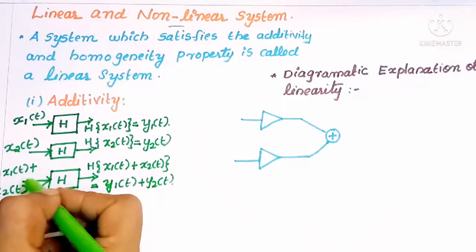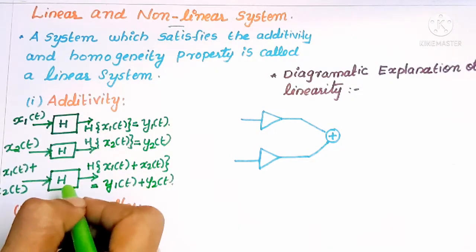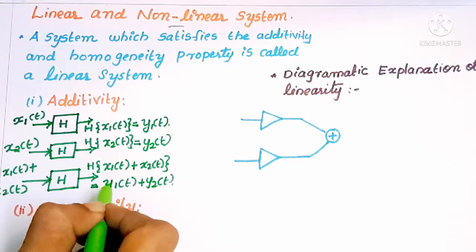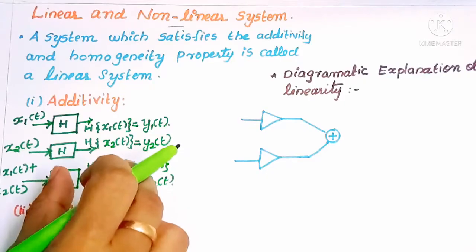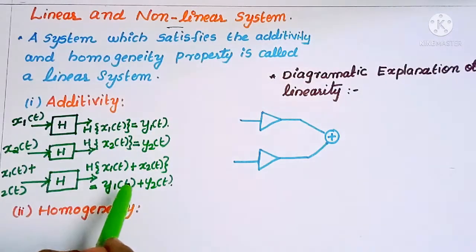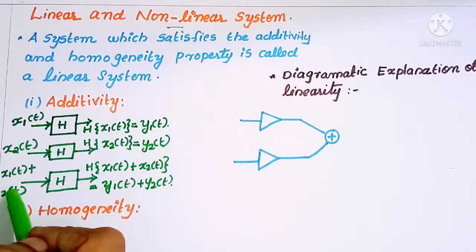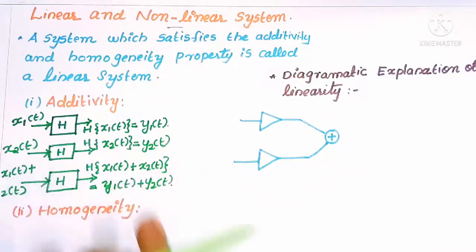That means when we apply an added input signal to the system, it also produces an added output signal. This is the additivity property.